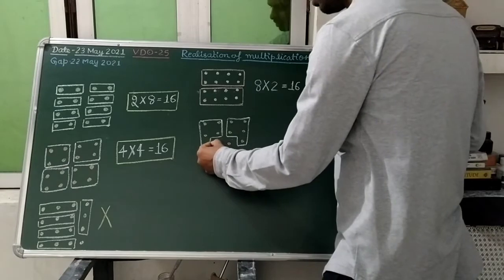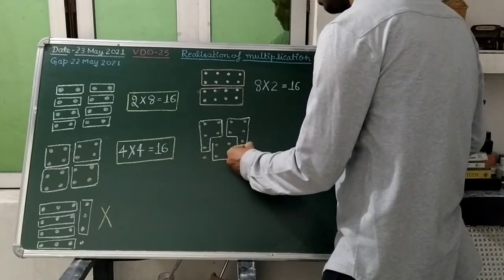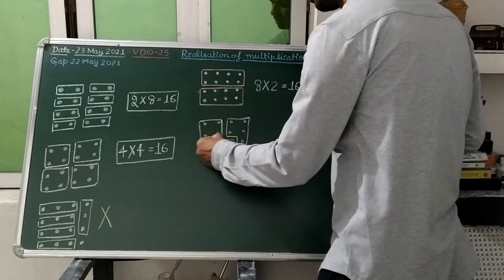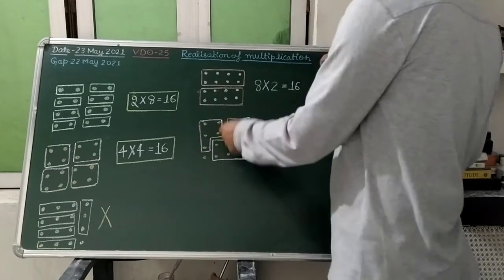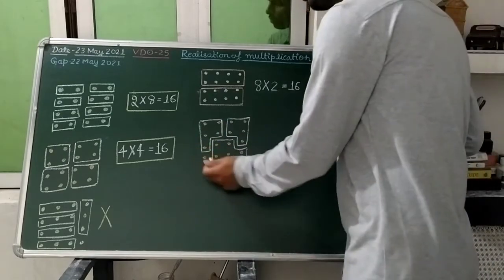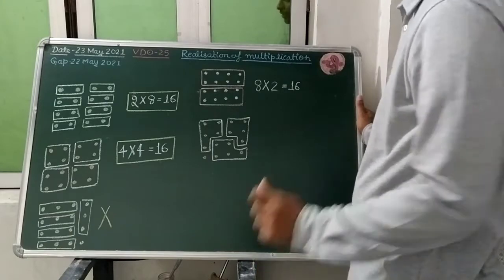Of course you will have how many groups students? 3 groups. You will have 3 groups, but one dot will be left.